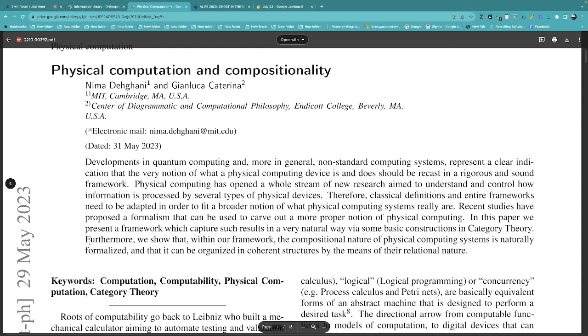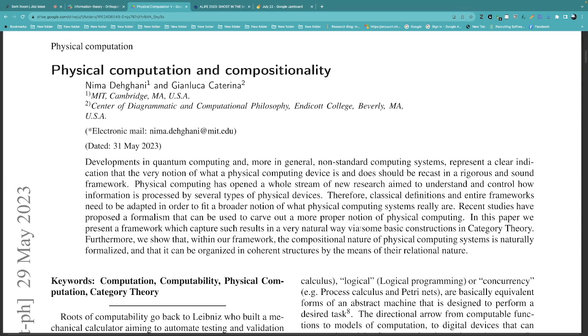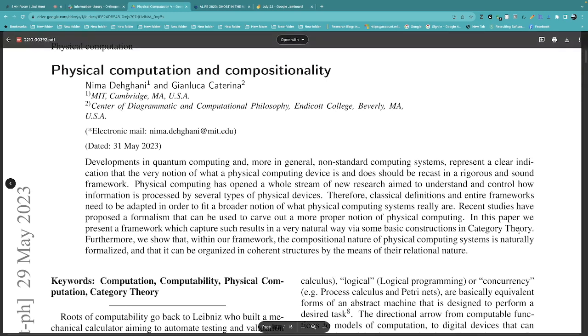In this paper, we present a framework which captures such results in a very natural way via some basic constructions in category theory. So category theory is this mathematical tool where it's kind of like throwing out set theory and starting over.